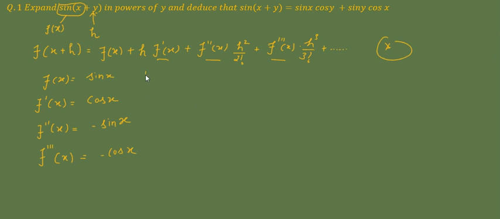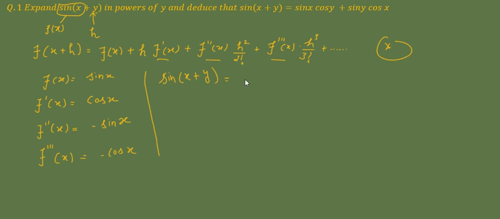Okay, so what we have f of x plus h. Okay, so what is f(x)? Sine of x. And what is in place of h? y. So put f(x) and the value of h. So what is f(x)? f(x) is sin x and h is y.